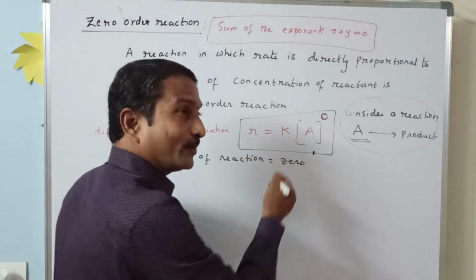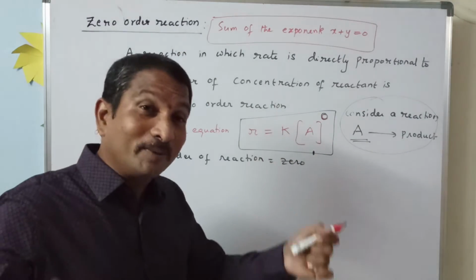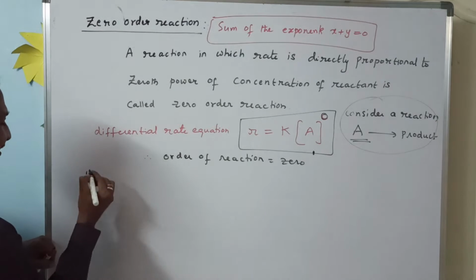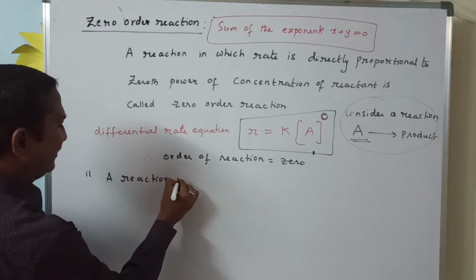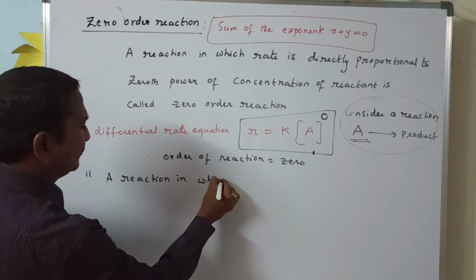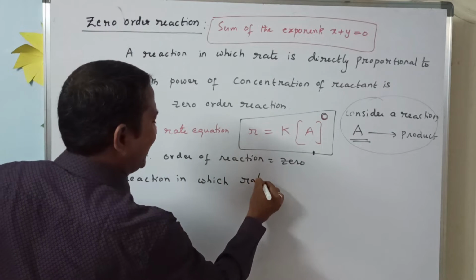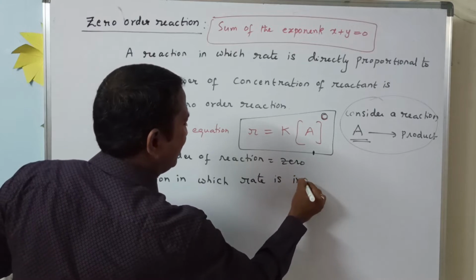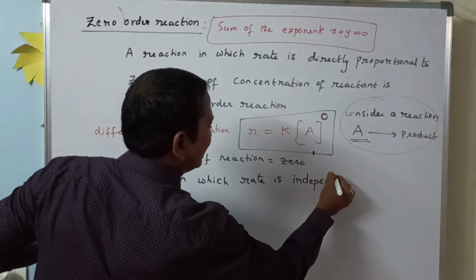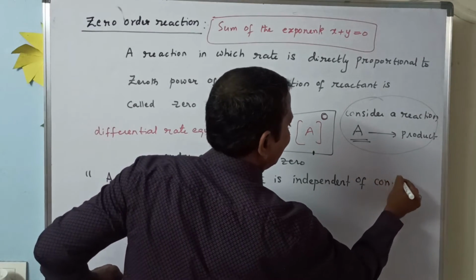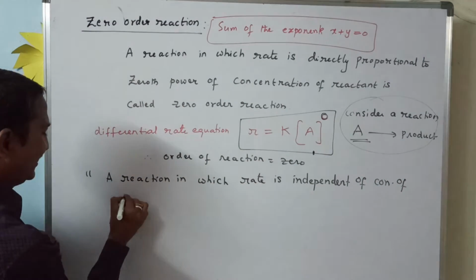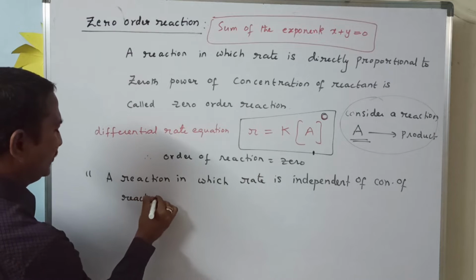So using this expression, zero order reaction can also be defined another way: a reaction in which rate is independent of concentration of reactant. Clear all of you?